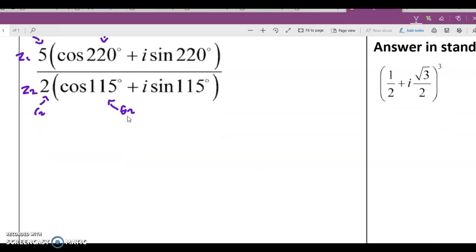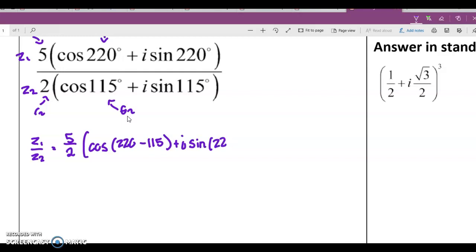So, working through this, z1 over z2 is equal to, we divide the radii, and then we would have cosine of 220 minus 115 plus i sine of 220 minus 115.